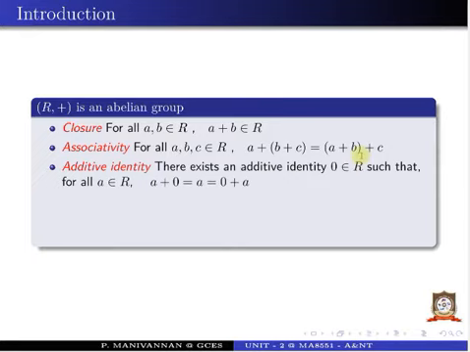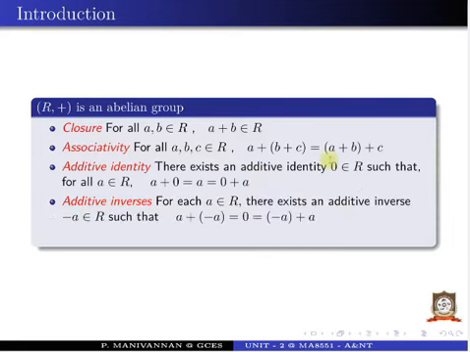The additive identity is 0. 0 belongs to R, and for all a belongs to R, a plus 0 equal to a equal to 0 plus a. Then 0 is an additive identity of the group.